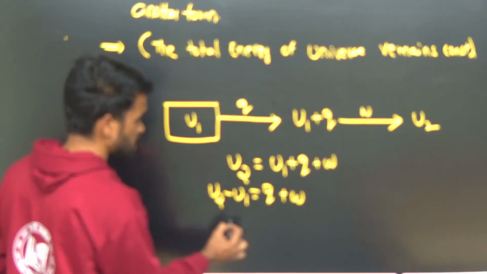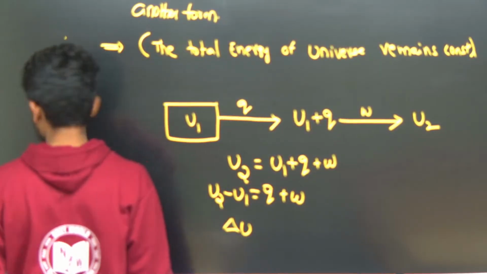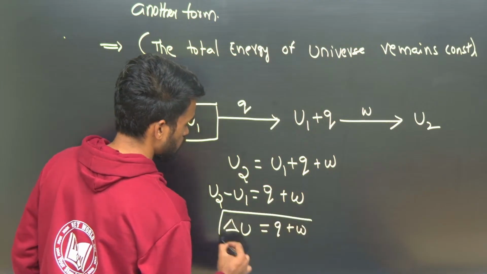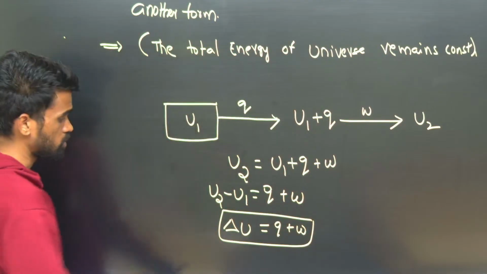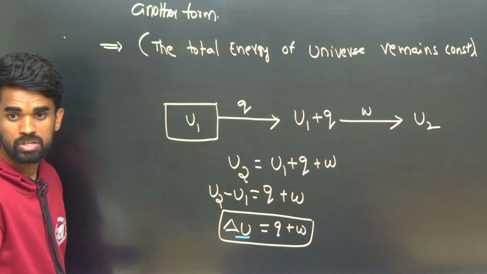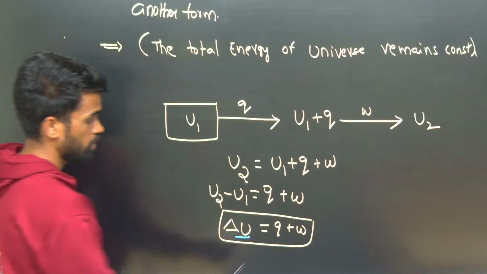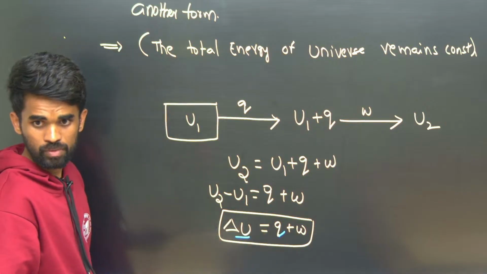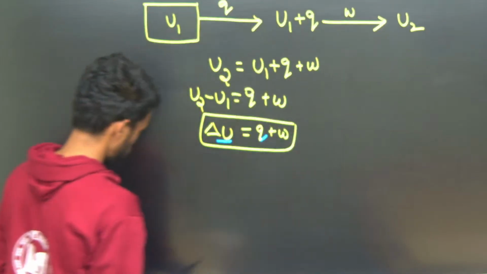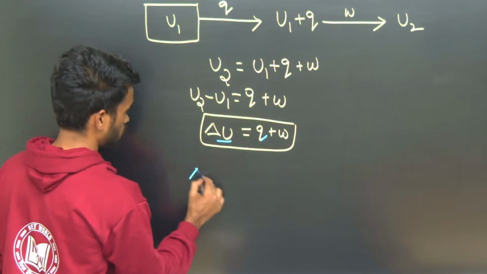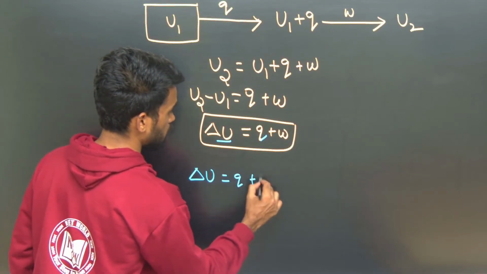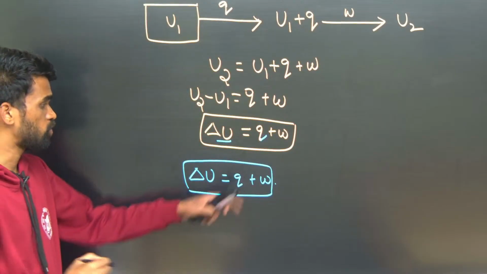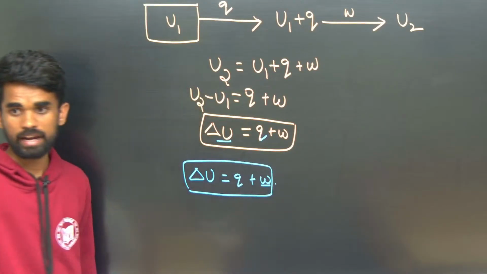So the change in internal energy, delta U, equals Q plus W. Delta U is the change in internal energy, Q is heat supplied, and W is work done. About work done we will discuss in the next class.